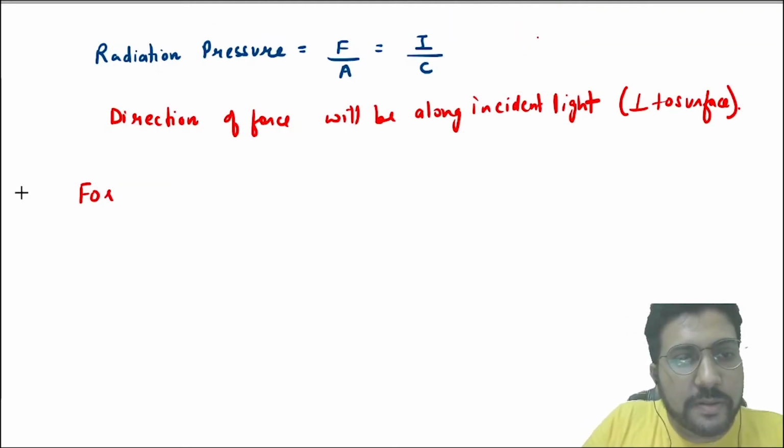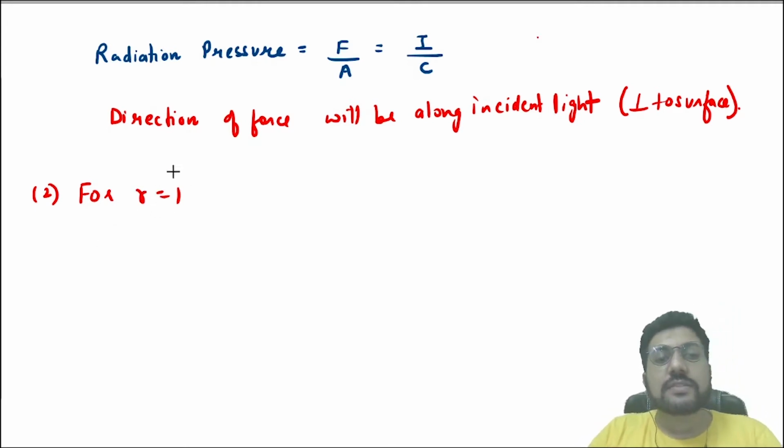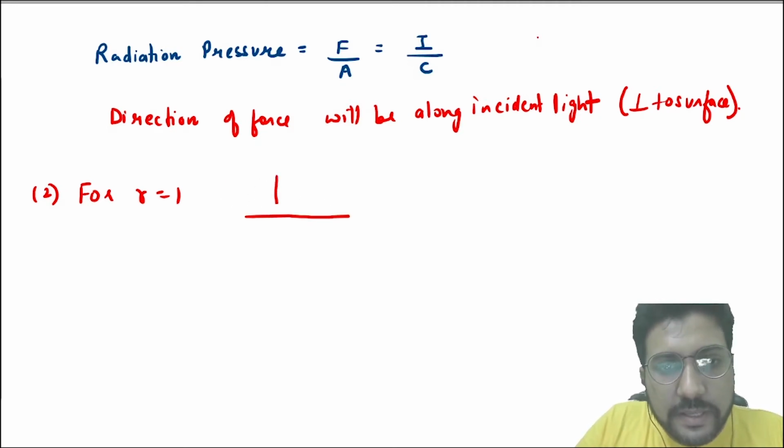Okay, for a completely reflecting surface, that is R is equal to 1. In that case, the change in momentum will be h by lambda and then h by lambda reversed.